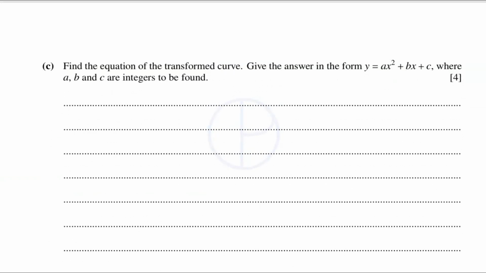The next part of the question is: find the equation of the transformed curve. Give the answer in the form y = ax² + bx + c, where a, b, c are integers to be found. So what is y? y = x² - 8x + 5.